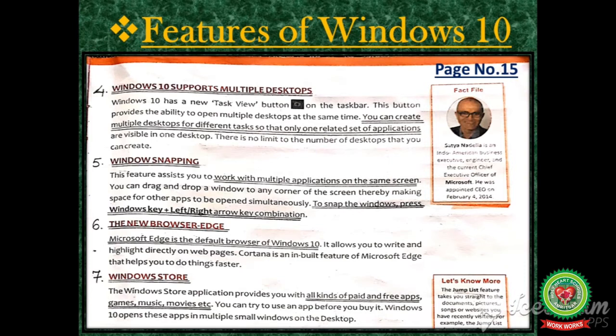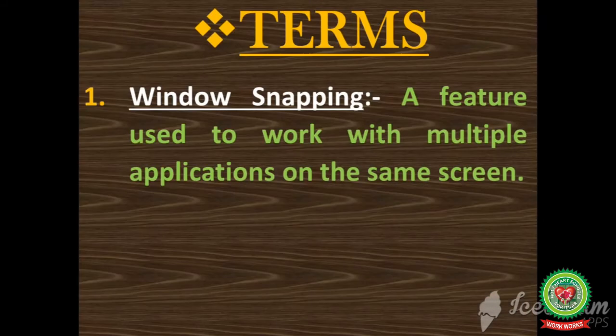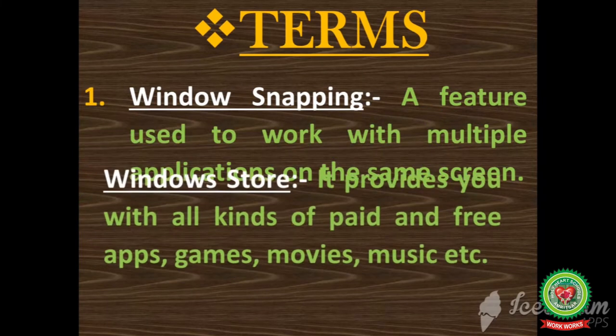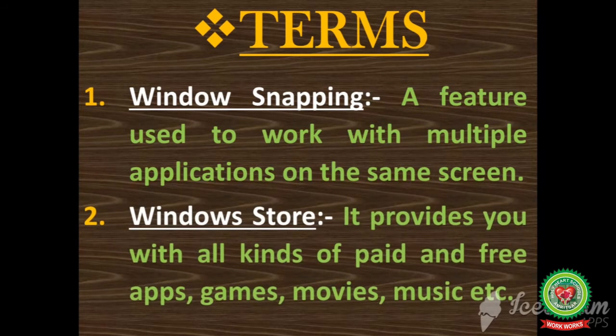Before discussing our main topic, we will discuss the terms. The first term is window snapping, a feature used to work with multiple applications on the same screen. Means, students, you can open multiple applications on a single screen by using this feature.